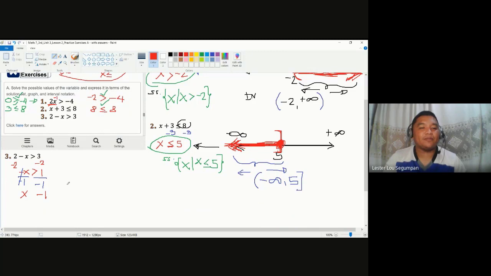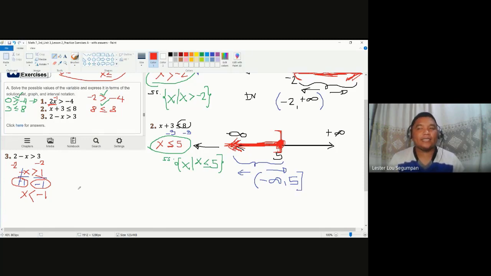But in number 3, our denominator, or our divisor, is a negative number. The division property of inequality for negative quantities tells us that if the denominator or the divisor in a division process is a negative value, we need to interchange the sign.